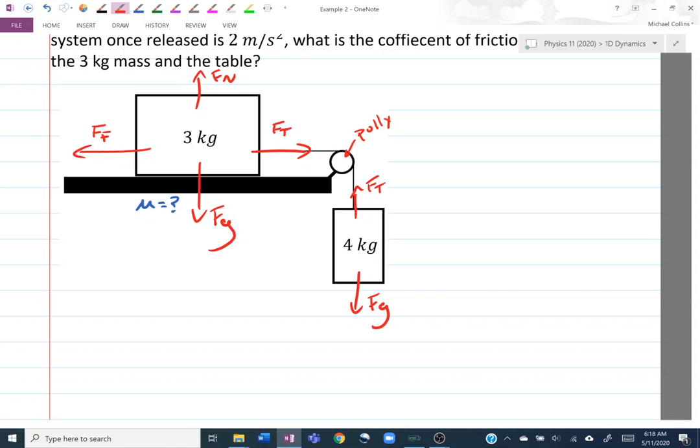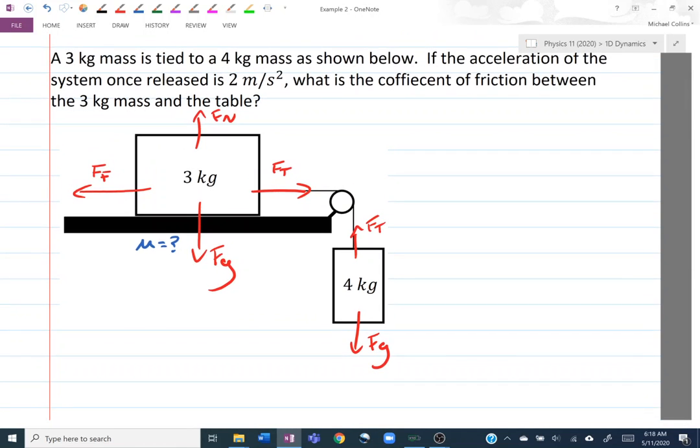We're going to do the same trick as last time, and we are going to call our plane of motion our positive direction, which means that this is going to be our positive direction. That's our plane of motion. Notice how FF, this FT, this FT, and this FG, all 4 of those are in the plane of motion.